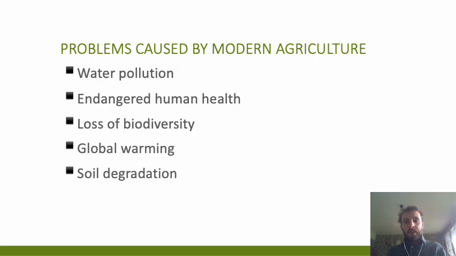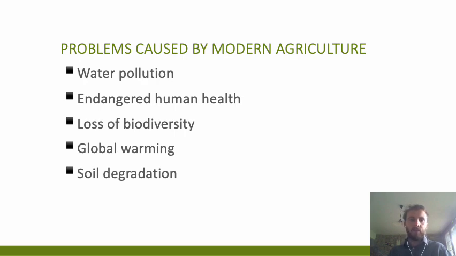So modern conventional agriculture today worldwide is able to produce a lot, but causes a lot of different issues, hazards for health and for the environment. First of all, we have a pollution of the water generally in the world, and a lot due to agriculture.